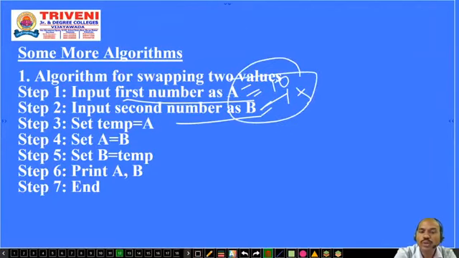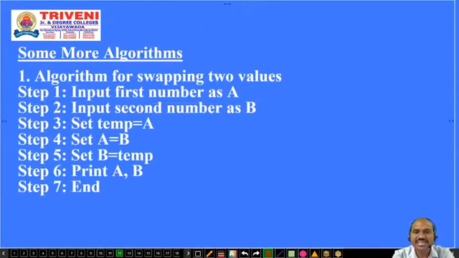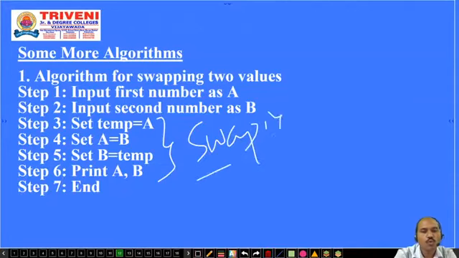Then we use a temporary variable, because for exchanging the values we have to keep one in a temporary variable. So temp equals a, then a equals b, and b equals temp. This is the swapping of the two values.